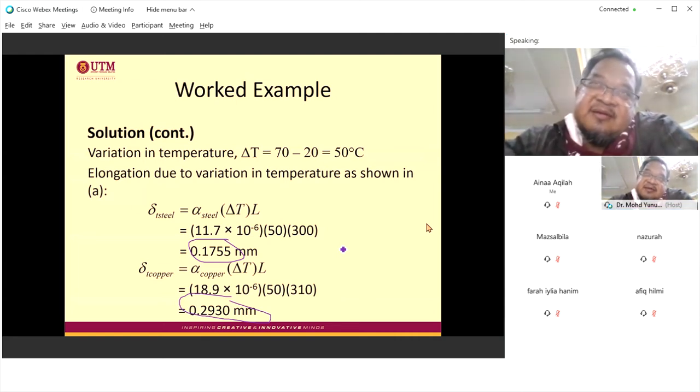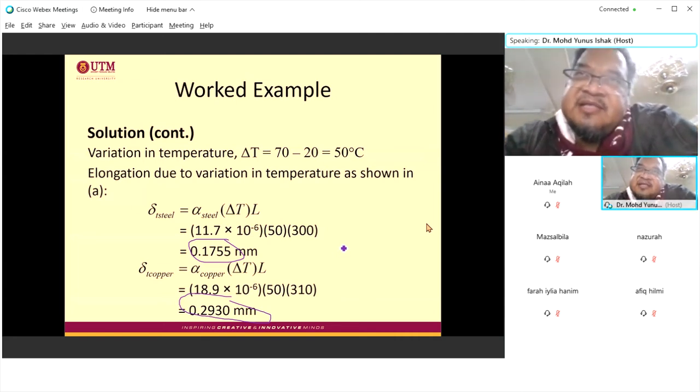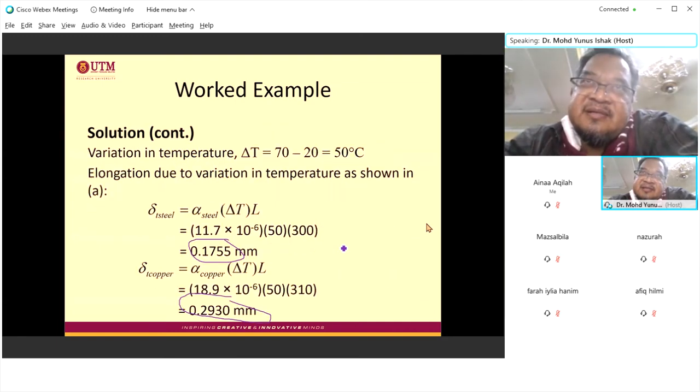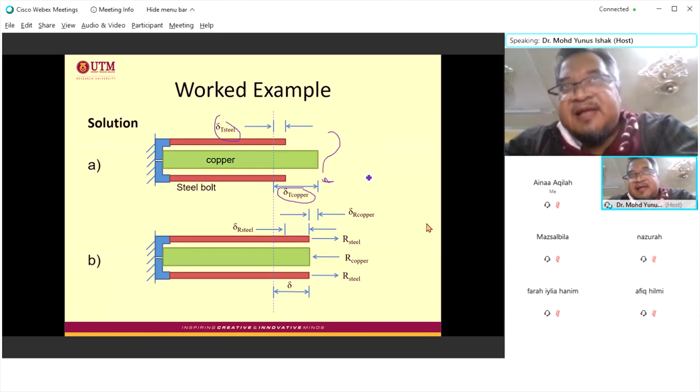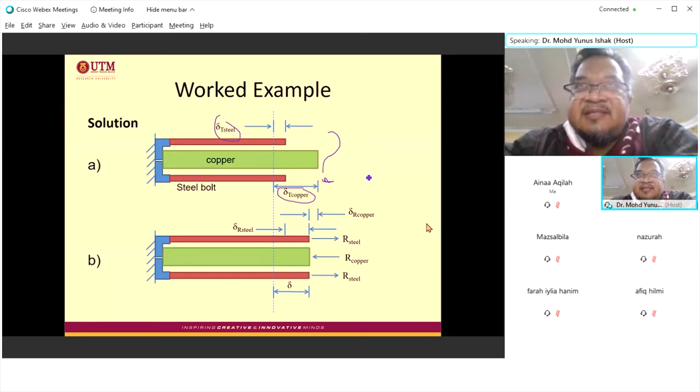Remember, in this situation, we do not allow them to elongate separately like this. So what we do is we have one line, the final line.